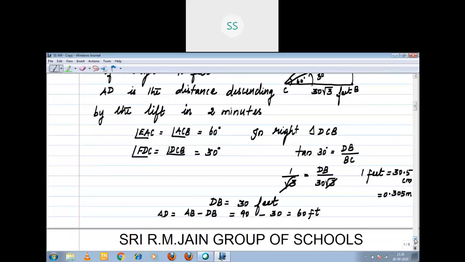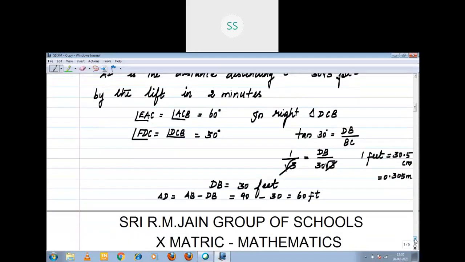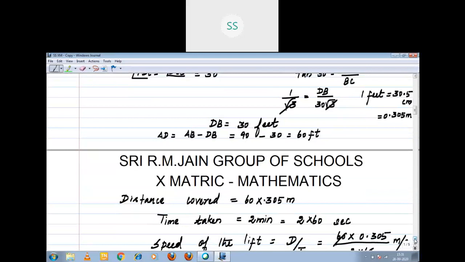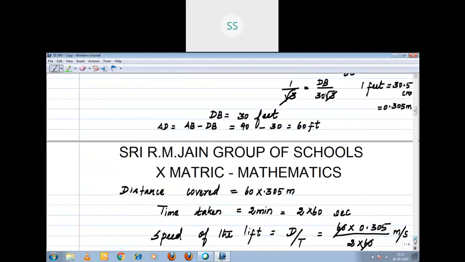1 foot equal to 30.5 centimeters or 0.305 meter. Now the distance equal to 60 into 0.305, the feet I converted into meter. Time taken they mentioned as 2 minutes, that I converted into 120 seconds, right?